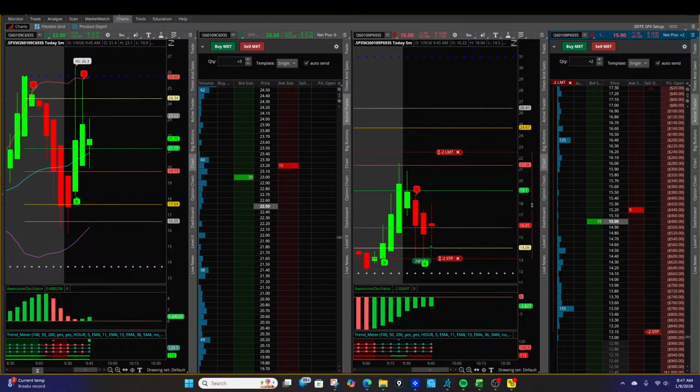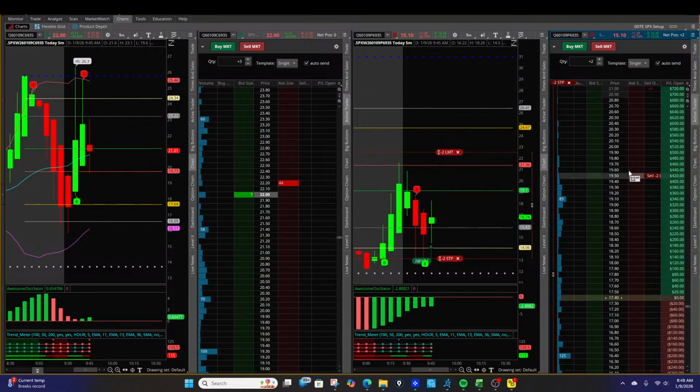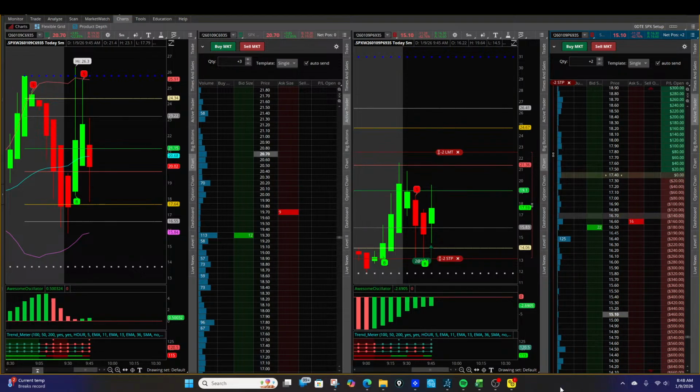Okay. The candle has now gone red and it looks like a kind of combination of a doji and a spinning top. Okay, now we're a green candle again.